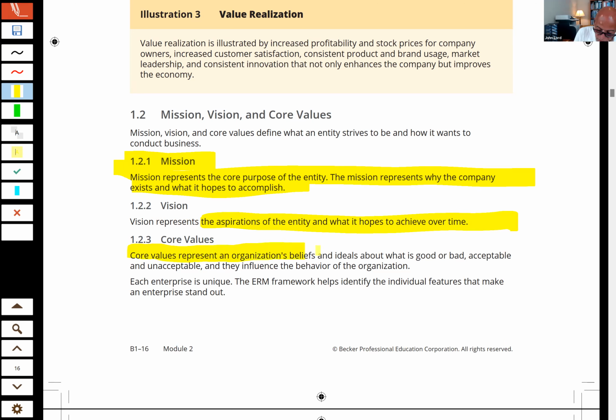Core values represent an organization's beliefs and ideals about what is good, bad, acceptable, and unacceptable. And of course, that's going to drive to a large extent then the risks that we're willing to accept and not accept. So in our core values, we have environmental concerns, and we're an oil company.